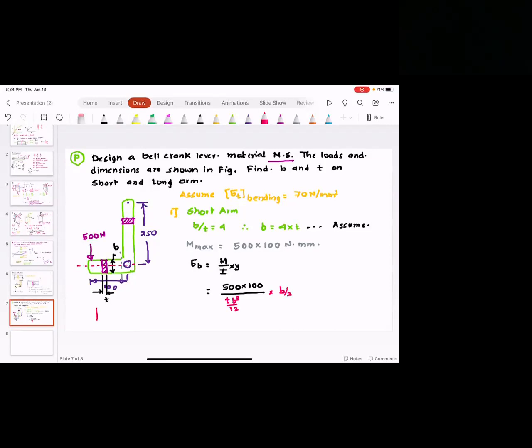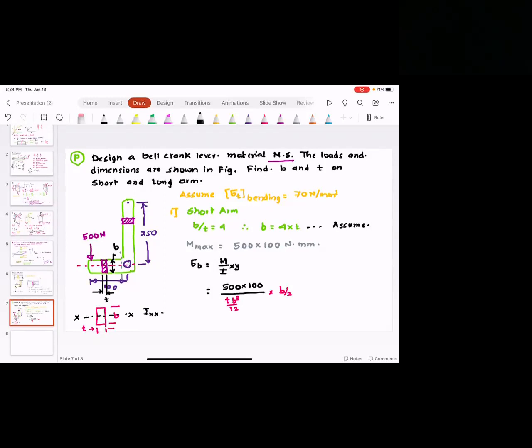So please understand, this is the cross section, and this is the center line or the center axis of the cross section. I'm going to call this XX.